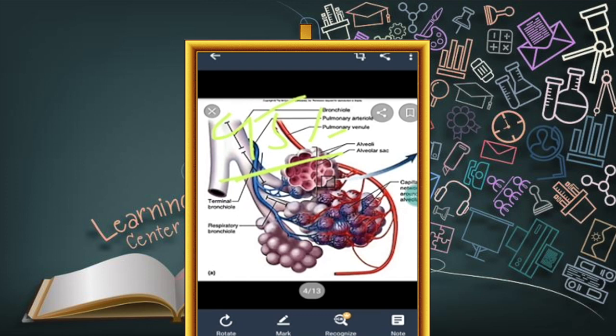Another type is the type 2 pneumocyte cells.